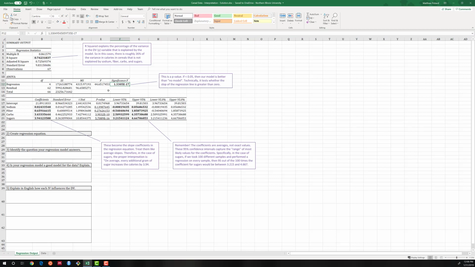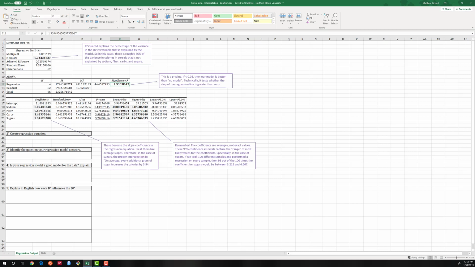Technically, we're testing here whether the slope of the regression line is greater than 0. And if that's less than 0.05, that means my model as a whole is good, statistically significant. And so I come up here to explain just how good my model fits the data.